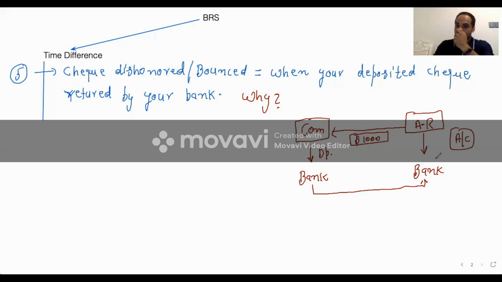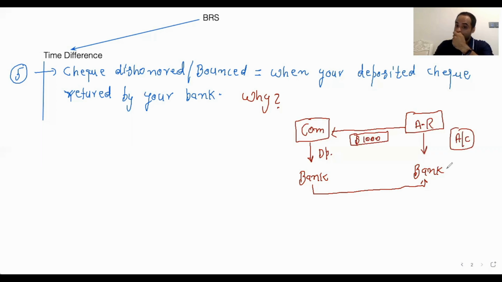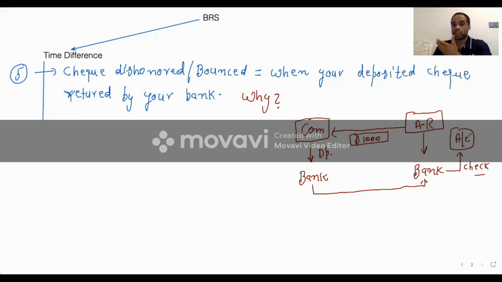So now your account receivable's bank will check the account receivable's bank account. Checking the account means checking how much money they have in this bank. Do they have enough, $1,000, to transfer or not?